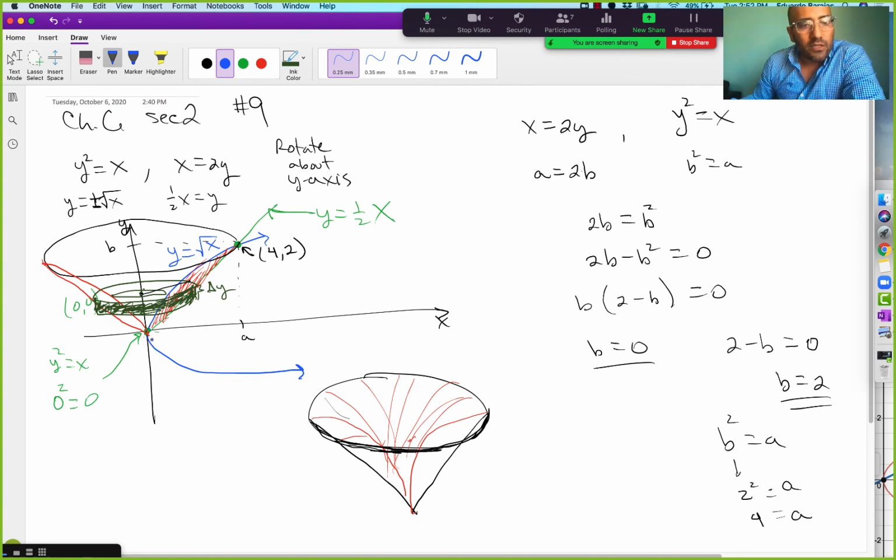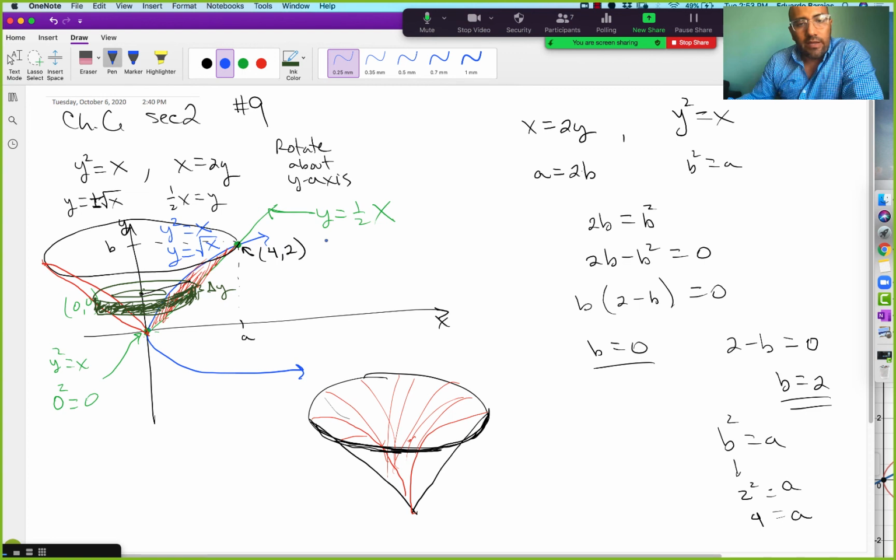Good. Notice that we don't really care what happens down here now. Based on what I'm rotating, I'm not going down below the x-axis, so I can just ignore that minus root x part of it and just say it's y equals the square root of x. Good. Okay, so now I can also write it in terms of y squared equals x.